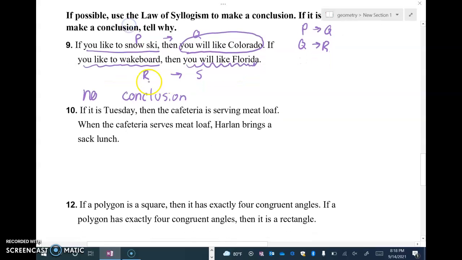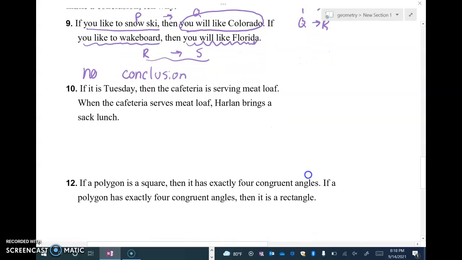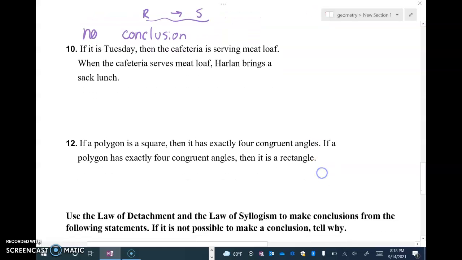And make sure you explain this stuff right here. So if it is Tuesday, then the cafeteria is serving meatloaf. So if P, it is Tuesday, then Q, the cafeteria is serving meatloaf. When the cafeteria serves meatloaf, or we think of it as your if, right? If the cafeteria is serving meatloaf. So that looks the same as this stuff we just circled, so I'm going to circle it again to show that it's the same.